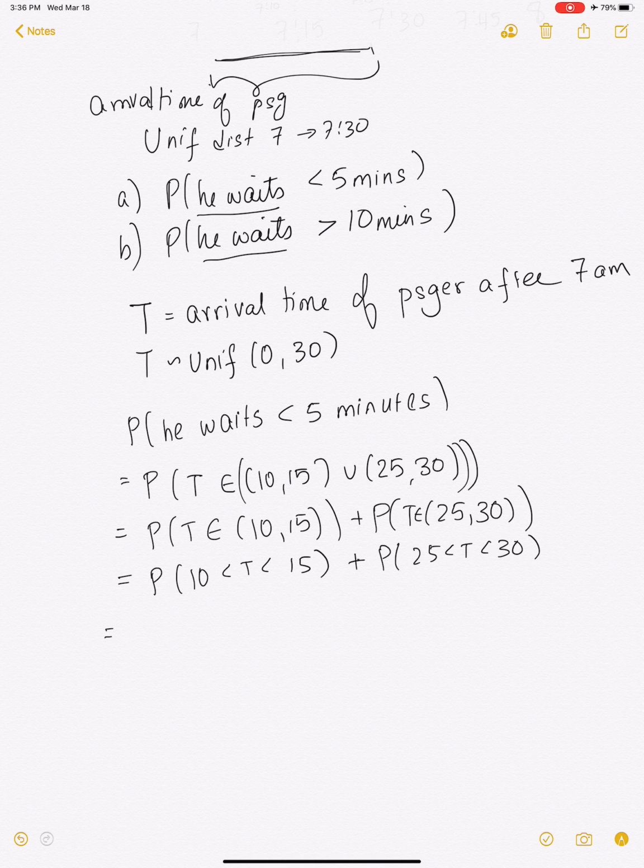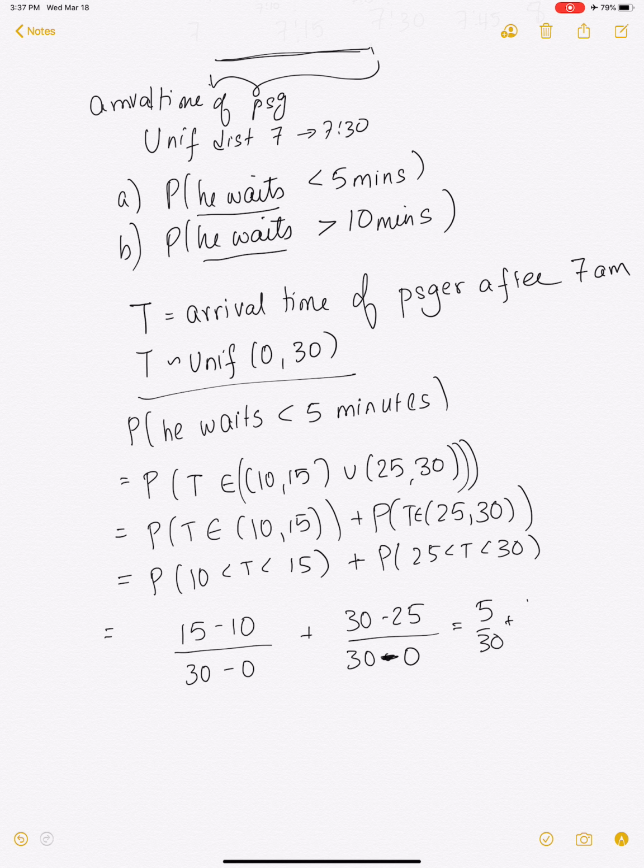It's going to be the length of the interval, 15 minus 10 over the distribution of T. T is uniform 0 to 30, so that's 30 minus 0, plus 30 minus 25 over 30 minus 0. Okay, so that's 5 over 30 plus 5 over 30. That is 10 over 30, and 1/3 is the probability that he has to wait less than 5 minutes.